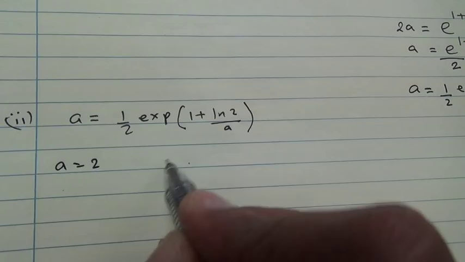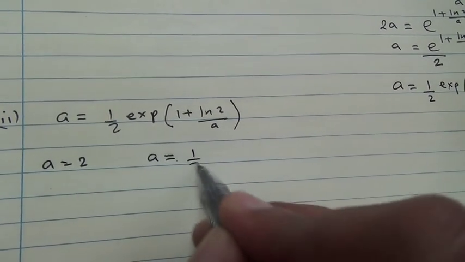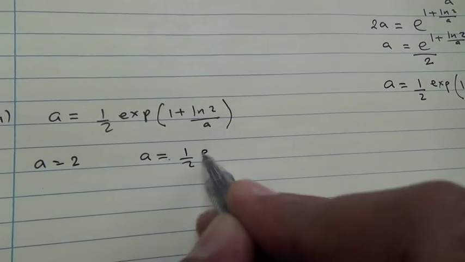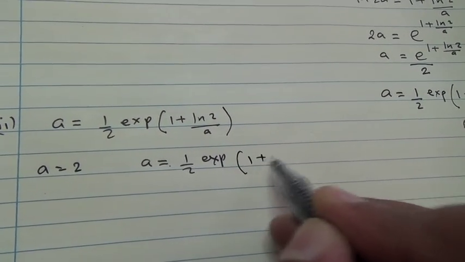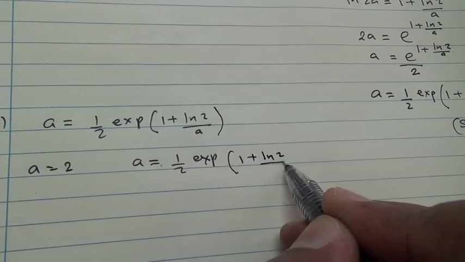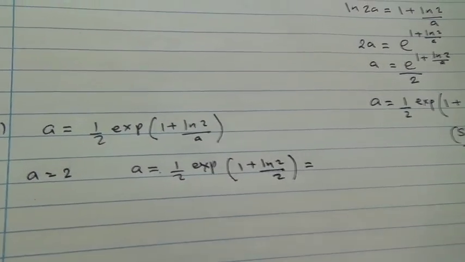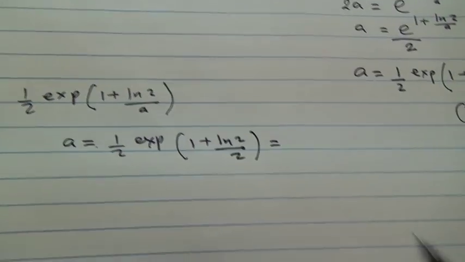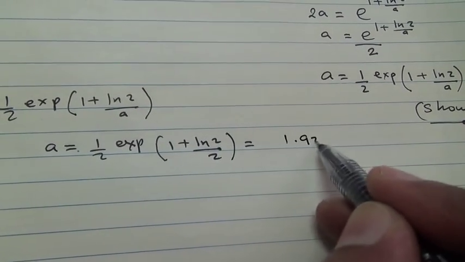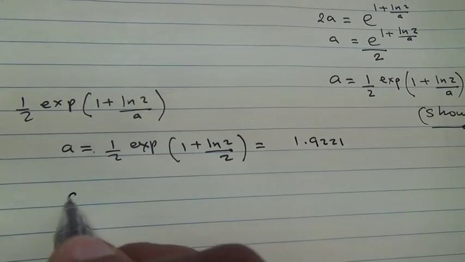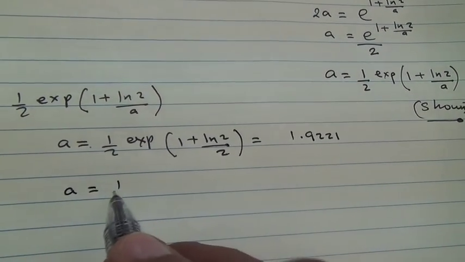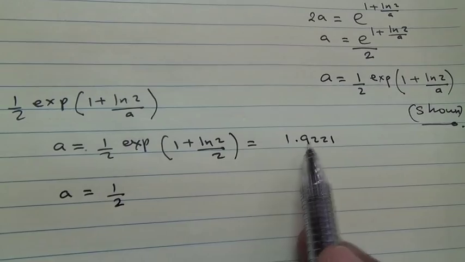So what are we going to end up with? A is going to be half the exponential of 1 plus ln 2 over 2. And if you do that on a calculator, you're going to end up with 1.9221. And then again, the second iteration, we are told to give that to 4 decimal places.